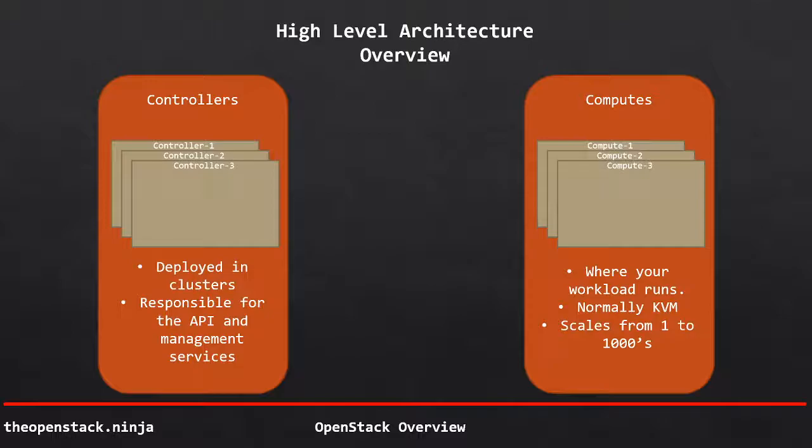They generally run KVM as the virtualization technology, although you are able to run Hyper-V, Xen, and ESXi as your hypervisors on your compute nodes as well. And they are scalable from 1 to 1,000, to thousands of compute nodes. Obviously, once you get above a certain number, it becomes more and more difficult to manage, and there are some techniques that you can use, but generally OpenStack is massively scalable.